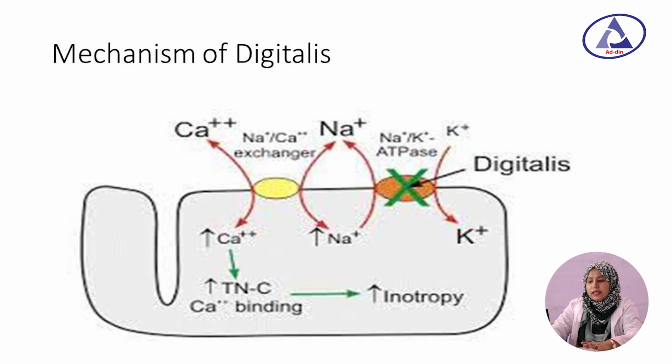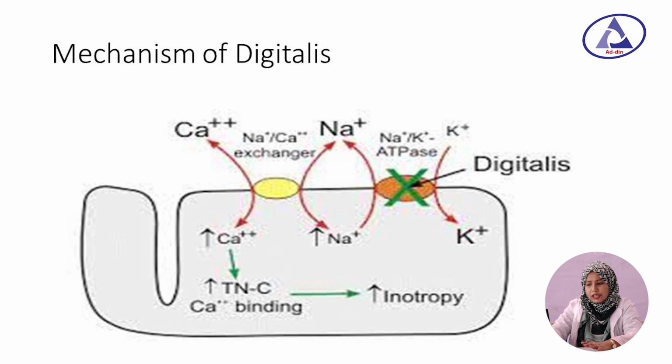As a result, sodium cannot go outside the cell and potassium cannot enter inside the cell. So intracellular sodium is increased, and when intracellular sodium is increased, it causes inhibition of the sodium calcium pump, and when it is inhibited, then excess sodium cannot go outside the cell and calcium cannot go out, and calcium increases inside the cell.